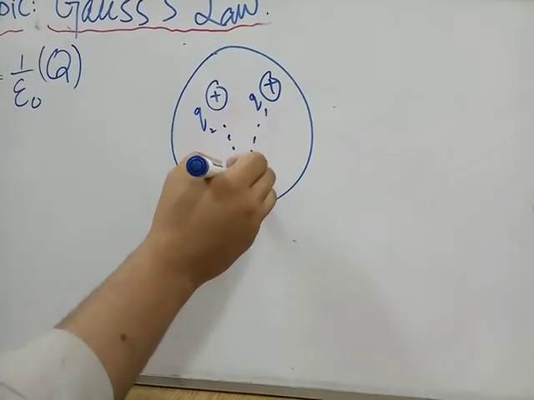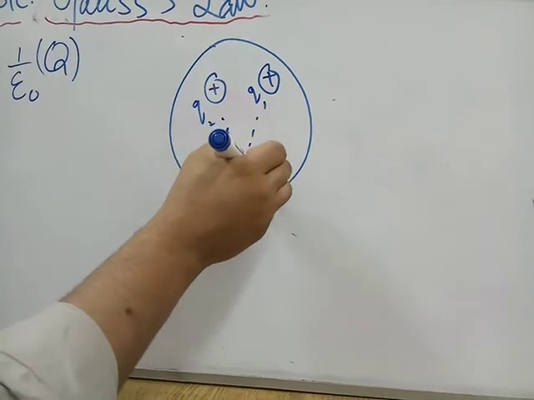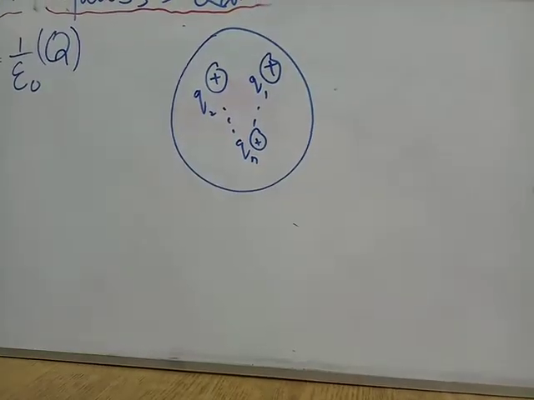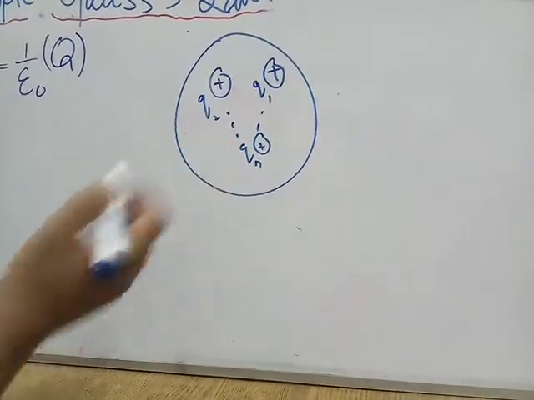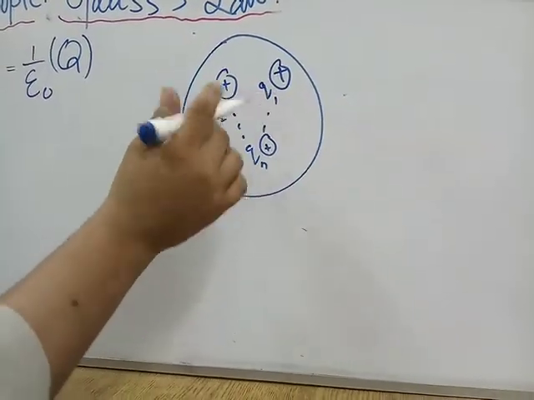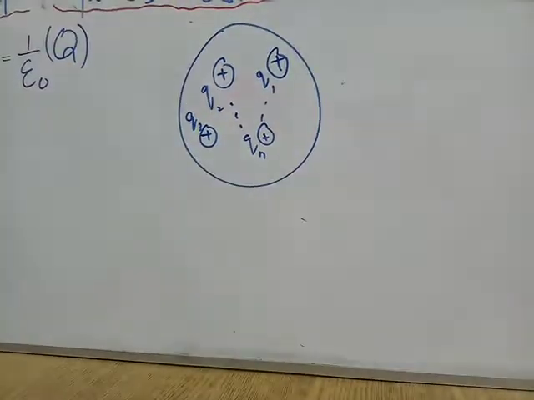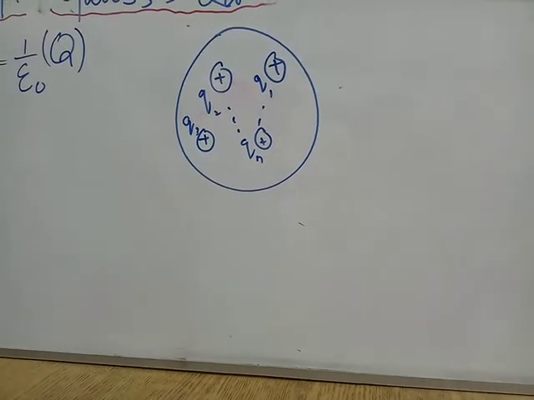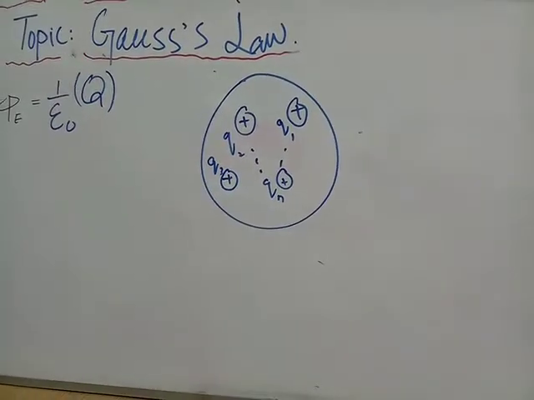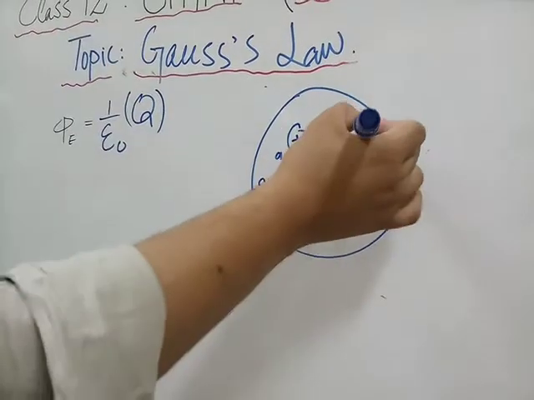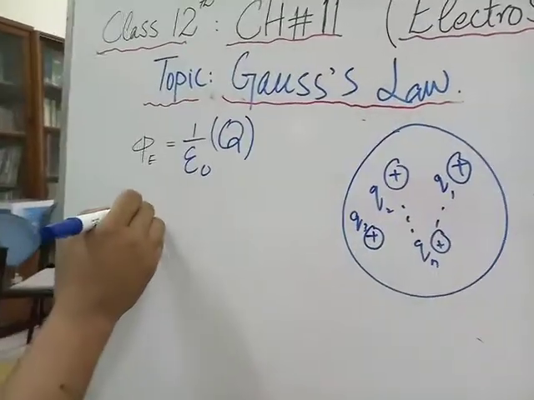Let's suppose this is qn, the nth charge. From here this is positive charge q3 and this is qn. N is any number. So for this we calculate the flux of each charge.